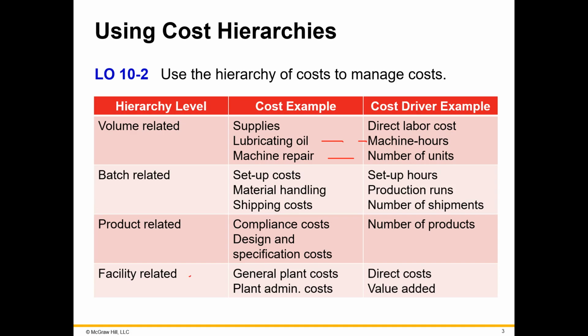So under facility related, you have general plant costs and plant administration costs. Sometimes the costs and the cost drivers can be very accurate. Sometimes they can still be fairly high level and broad. But the point is that if we can narrow down our focus so that we can track costs more accurately, then we can make better decisions in where we can cut costs.